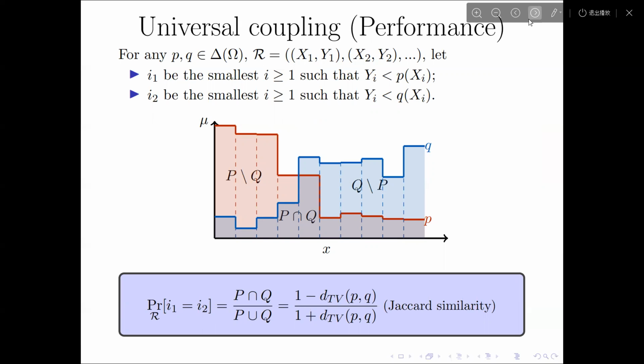Here p denotes the red shaded area and q denotes the blue one. The equation can be understood as sampling a node (x, y), conditioning on it falling into p union q. The probability it falls into p intersection q is this. The probability is exactly the Jaccard similarity. We proved our construction achieves the optimum in the worst case.